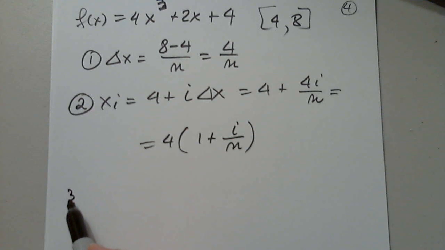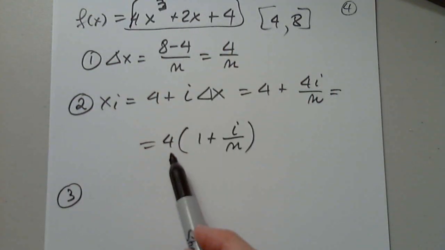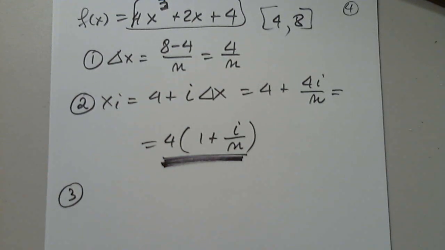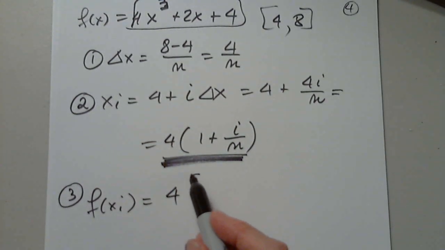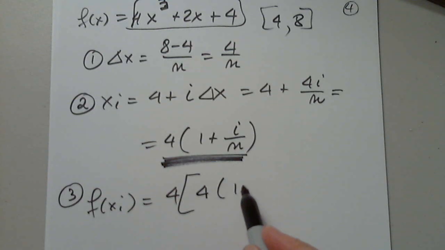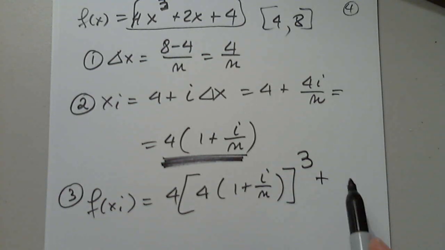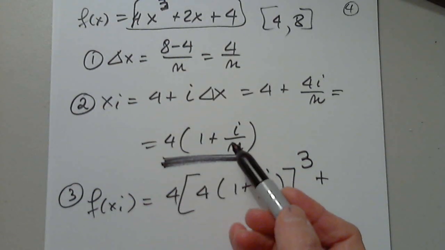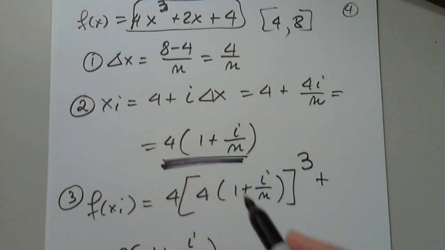And now in prep number 3, in this function, I need to plug in this. So f of x_i is 4 times (1 plus i over n) to the third, plus 2 times this is easy, and plus 4 is easy.